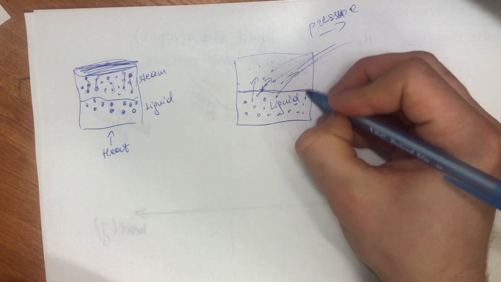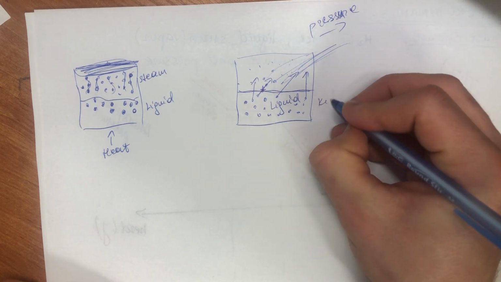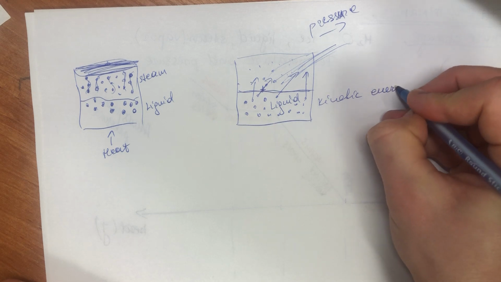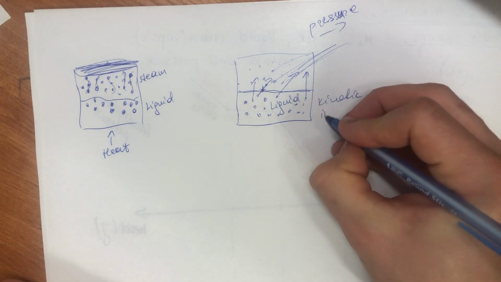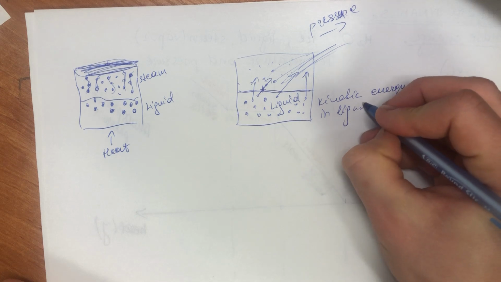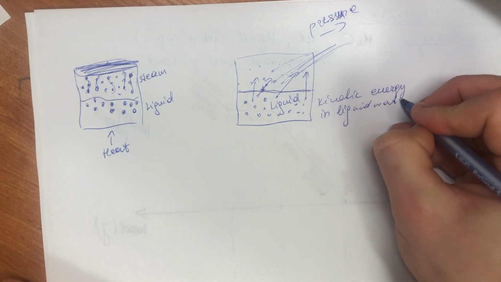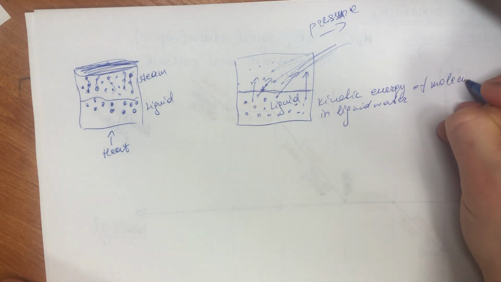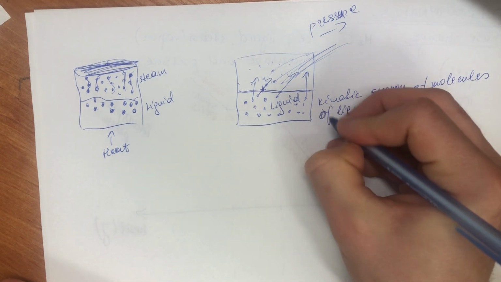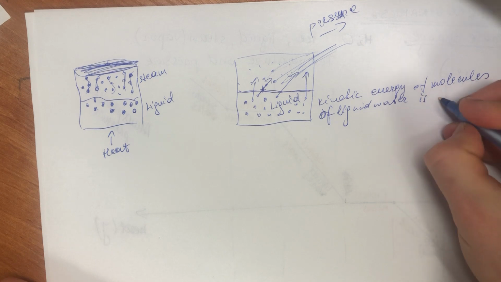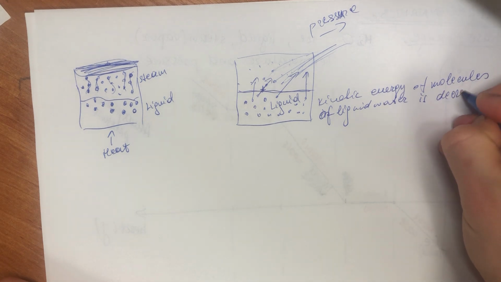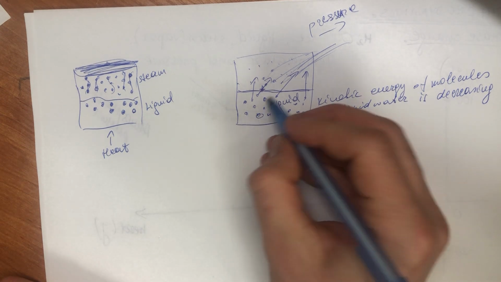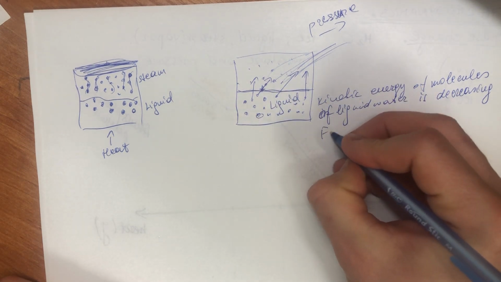If fast molecules can escape, it means that the kinetic energy of molecules of liquid water is decreasing, because the fastest molecules go away.